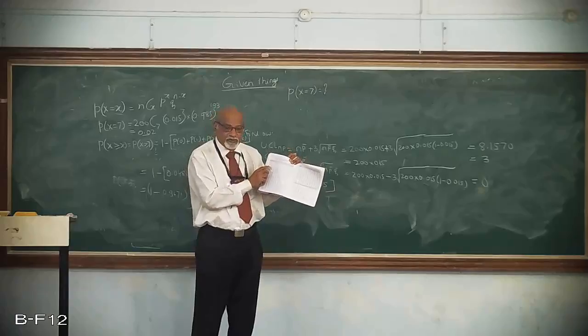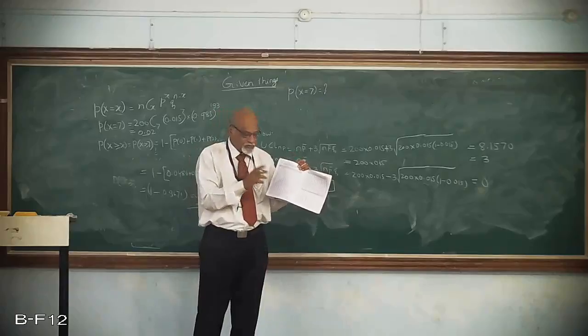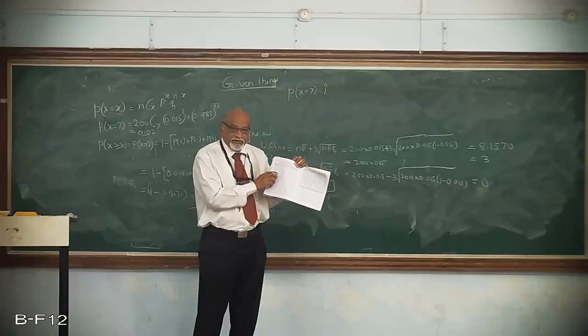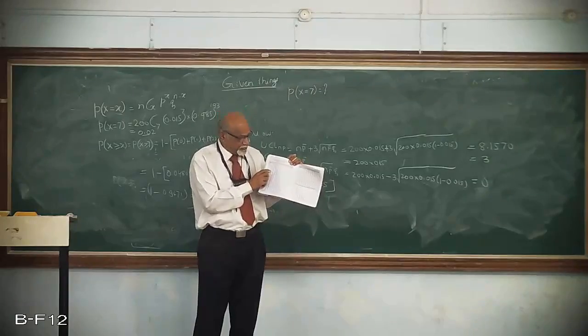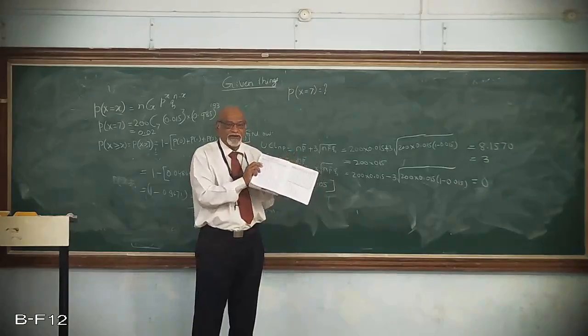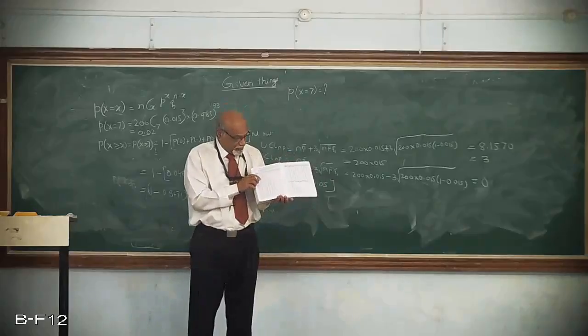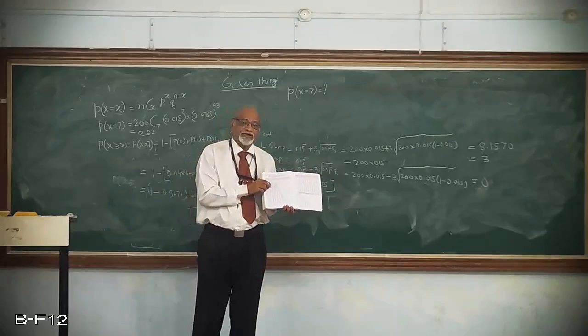The probability that it contains 0 defective is 0.741, because it cannot contain fewer than 0 defective. Under the column 1, it is the probability that it contains less than or equal to 1 defective. That means there are only two possibilities: probability that it contains 0 defective and probability that it contains 1 defective.